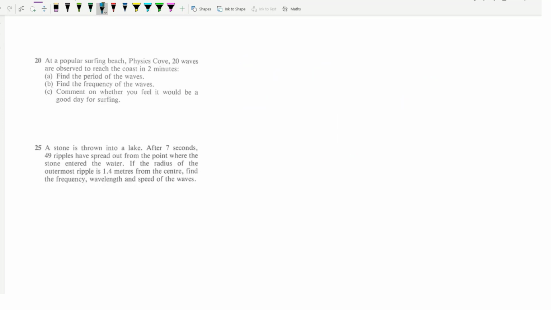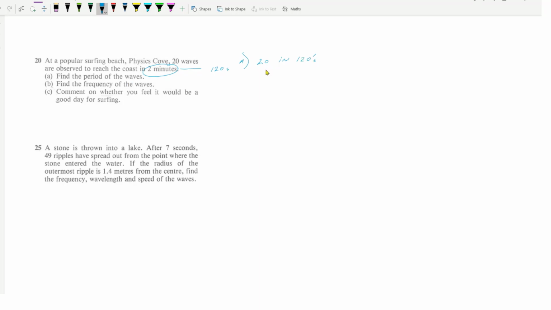At a popular surfing beach, 20 waves are observed to reach the coast in 2 minutes. Find the period of the waves. So we're going to change this into 120 seconds. So 20 waves are going to occur in 120 seconds. Find the period of the wave.